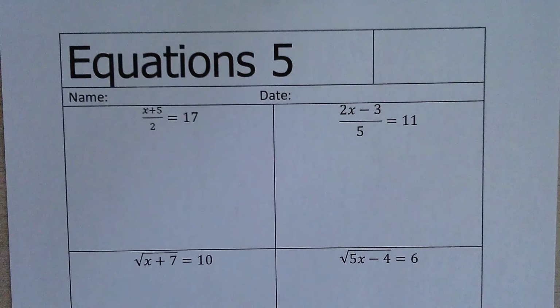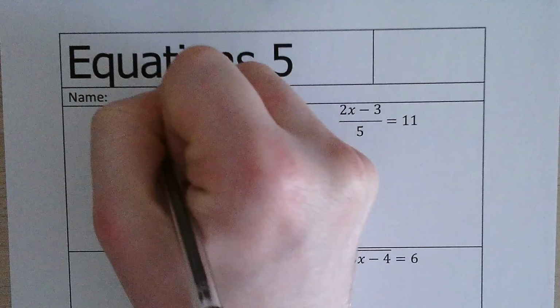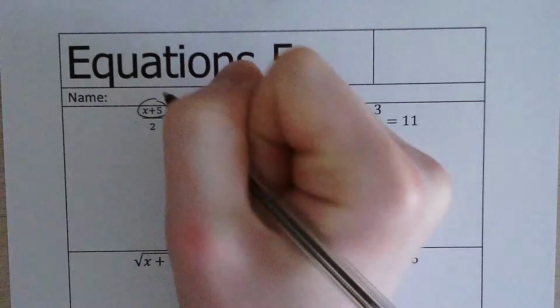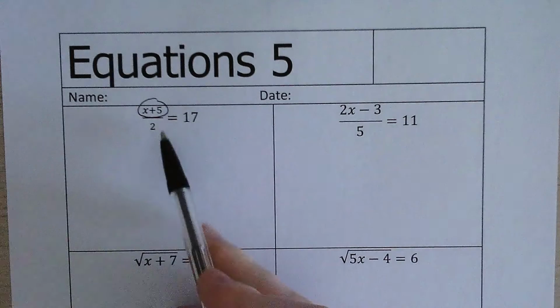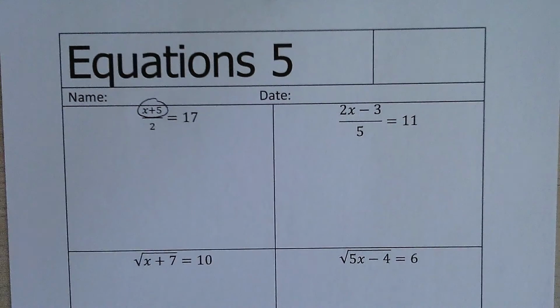That means if x appears in the top of a fraction, we need to do something a bit different. So here we're going to isolate x by separating the numerator from the denominator. So we need to get rid of the divide by 2 in order to isolate the x + 5.